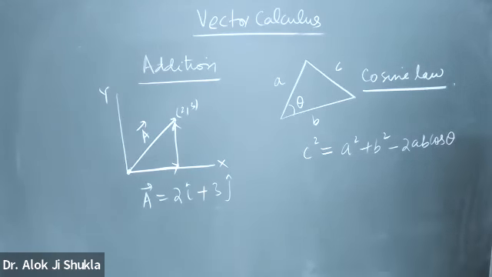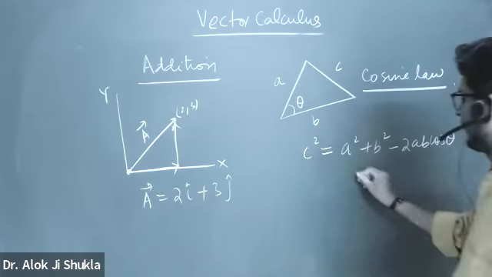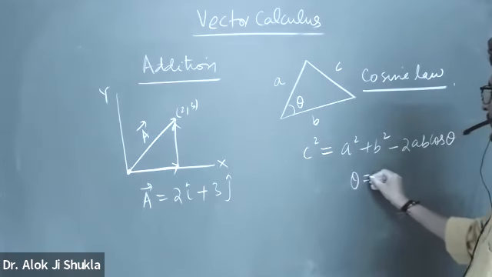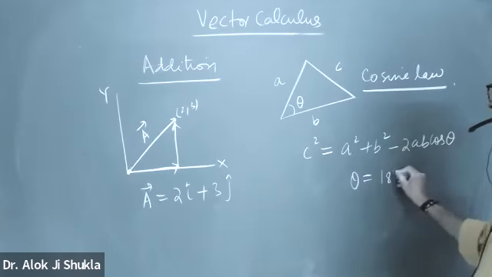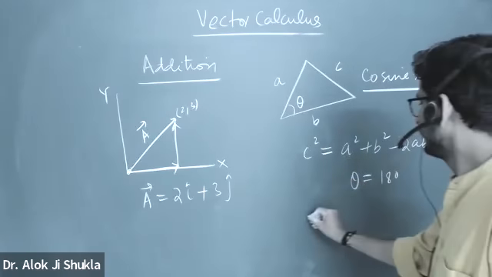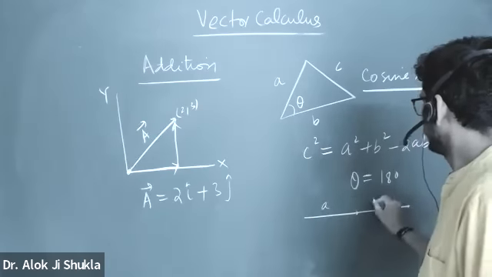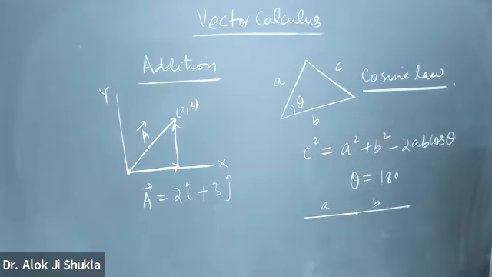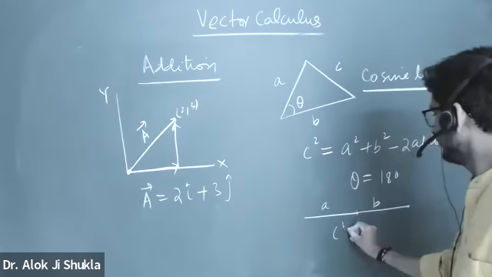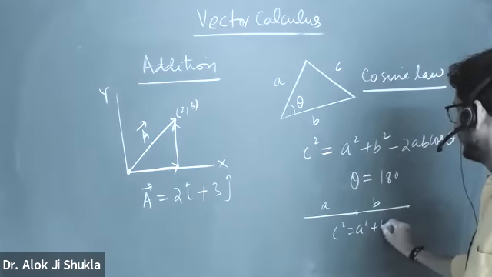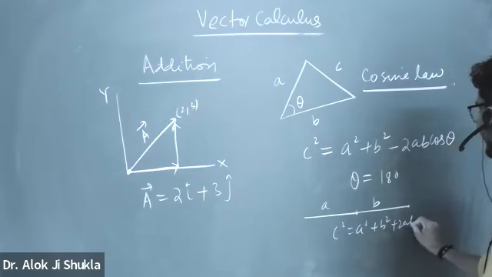Now you see, suppose theta becomes 180. So how will this become? A and B will be like this, right? Check what will happen. C square will become A square plus B square plus 2AB, right?